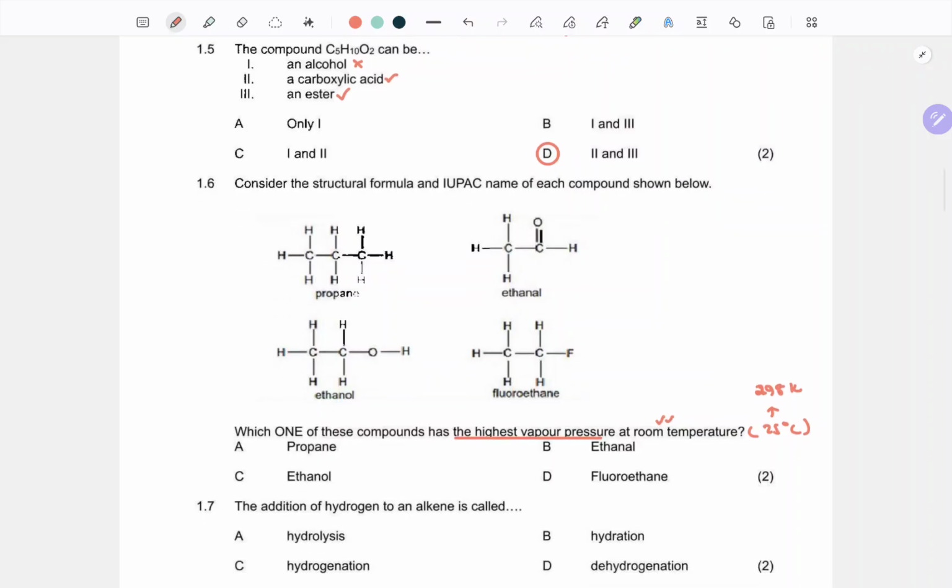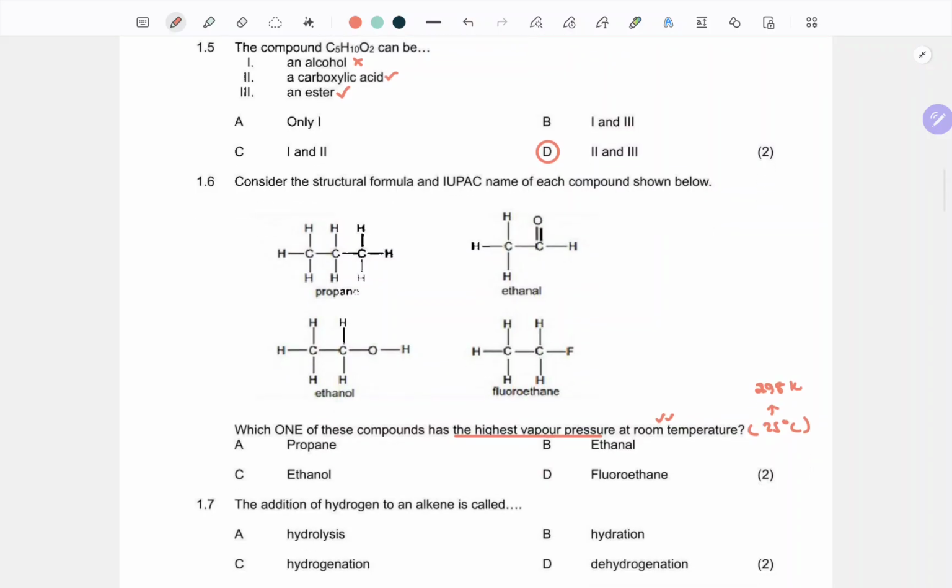Now you see, the good thing is that propane and ethanal have the same molar mass, these 2. They have the same molar mass because remember this is 12 by 3, which is 36, plus how many hydrogens? 1, 2, 3, 4, 5, 6, 7, 8.